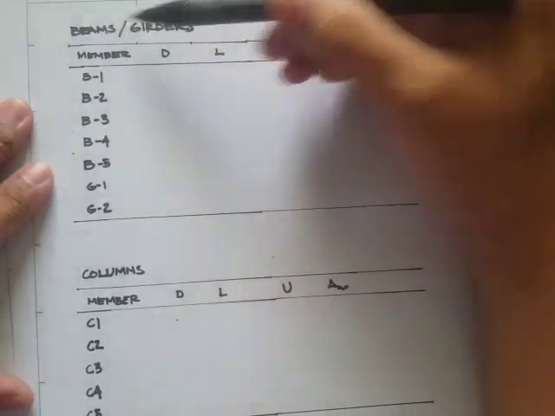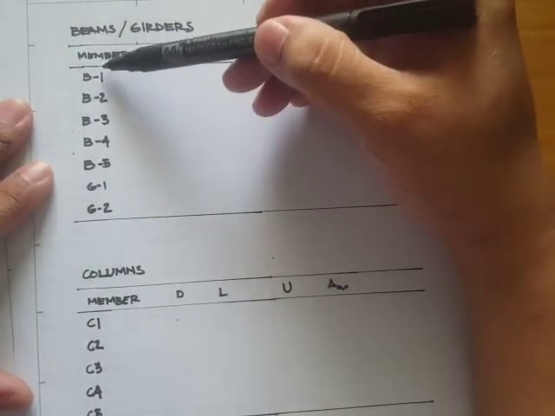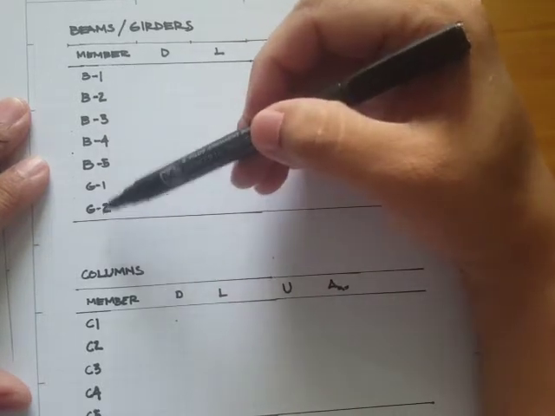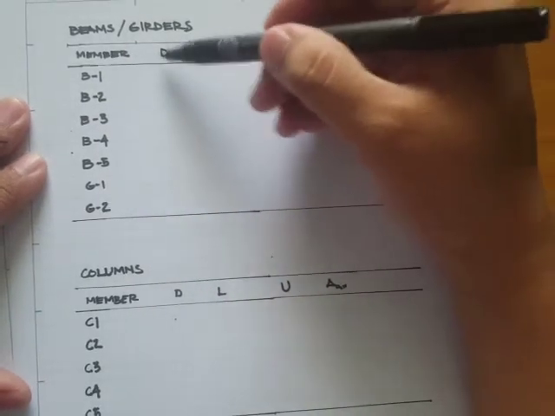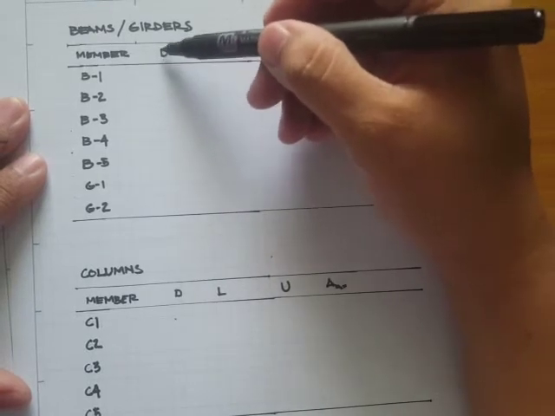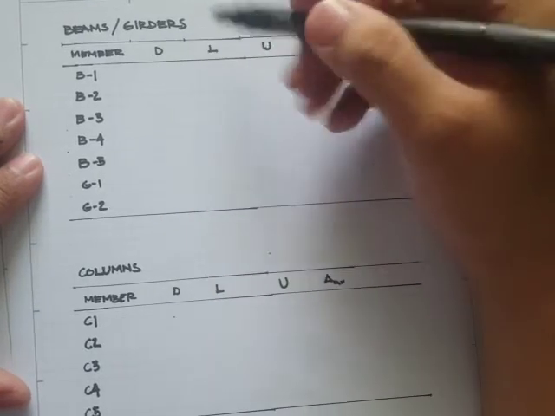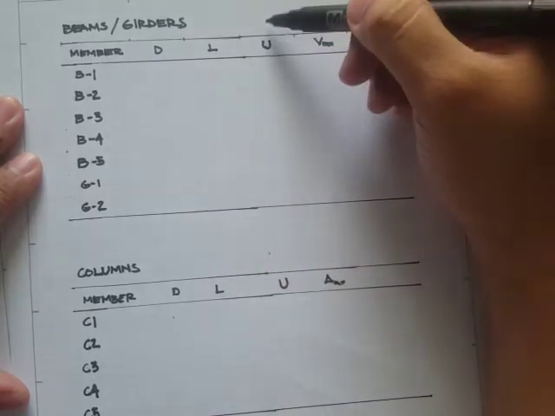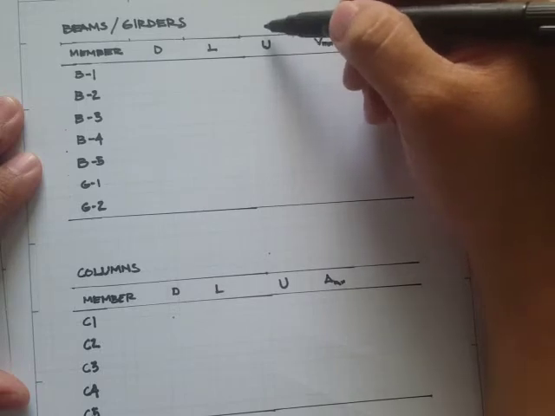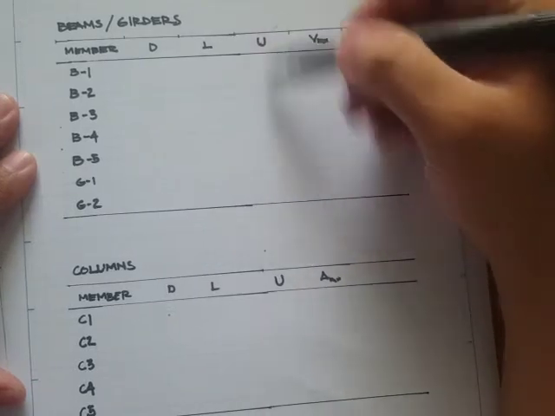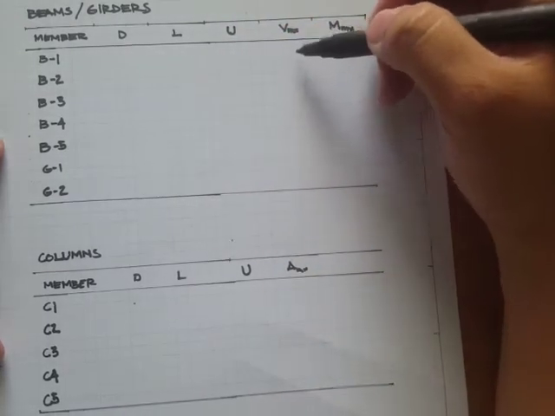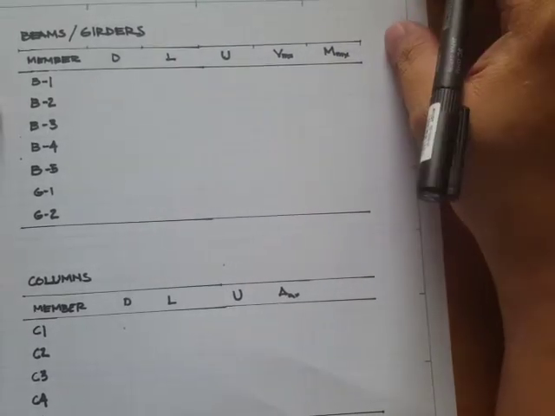So for example, for the beams and girders, remember, from B-1 until G-2, what's the dead load? Again, I'm referring to total dead loads. So you can write it down here. Then the live loads, then the ultimate, or the factored loads. If you have that, then you can tabulate here the Vmax, the maximum shear, and then the maximum moment.